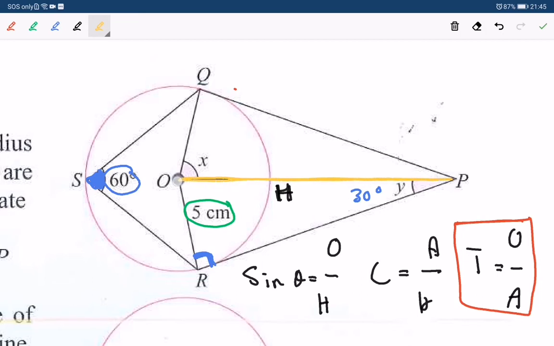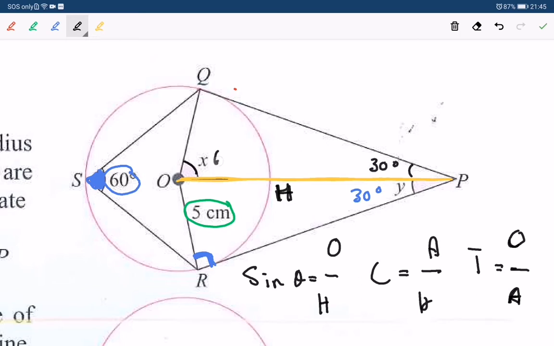Okay. Same things. We can use either this value 30 or we can use this one 60.